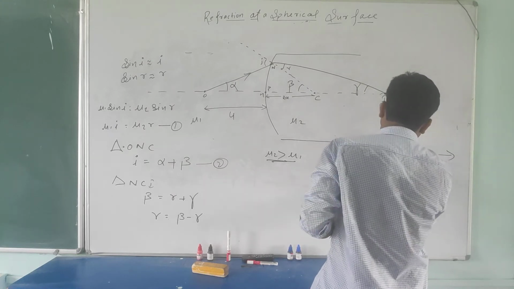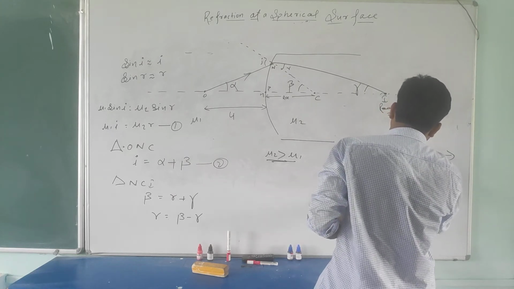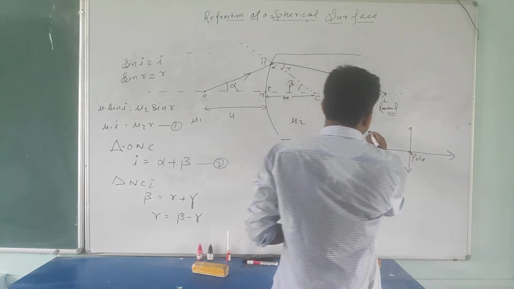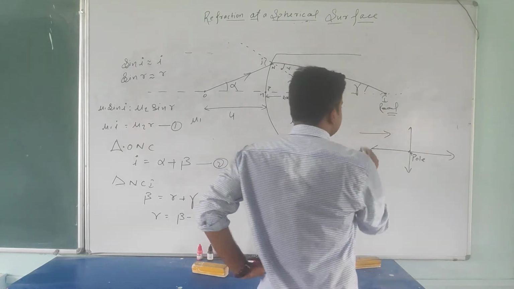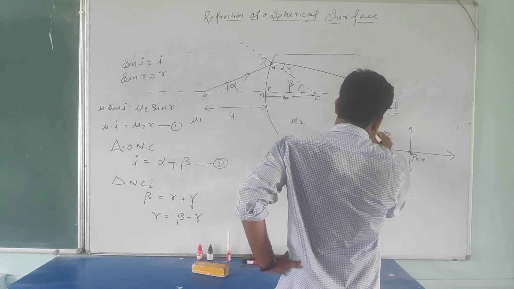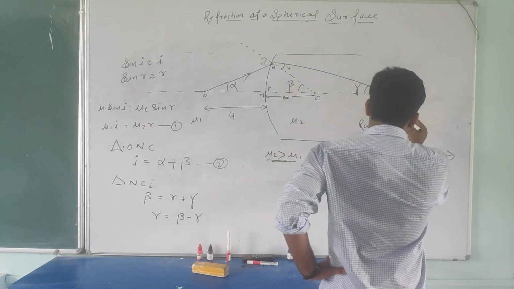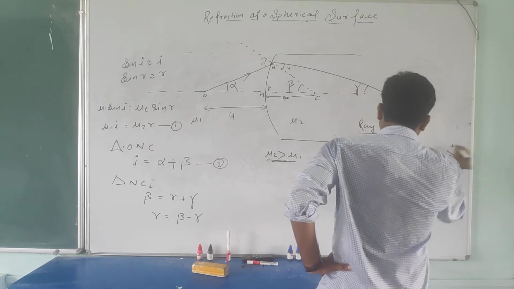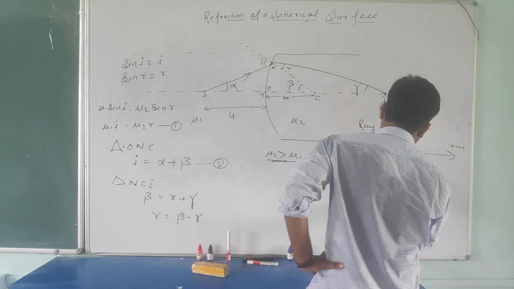Here I am writing the sign convention. Look at this. This point is the pole. If you assume the pole and light is coming in this way, it's the ray direction. So this one is positive, this one is positive, this one is negative, and this one is negative.